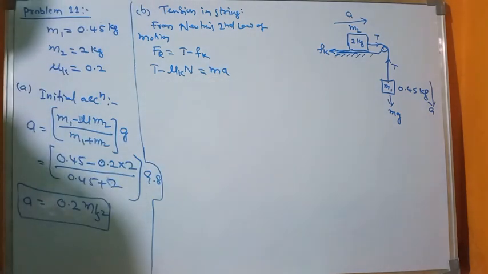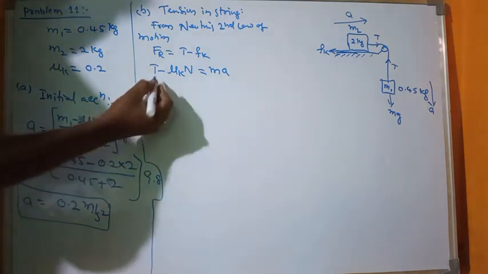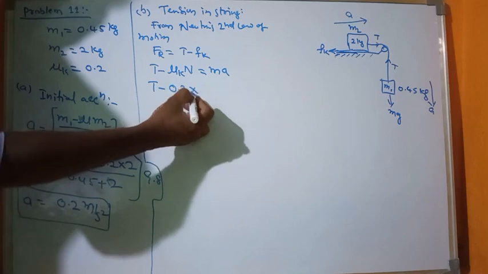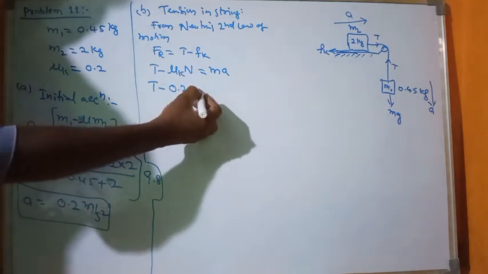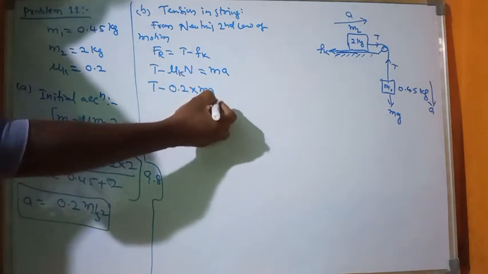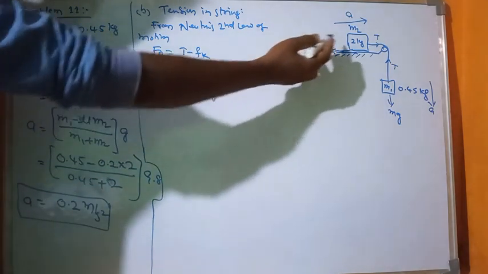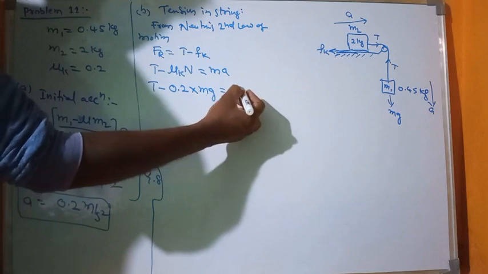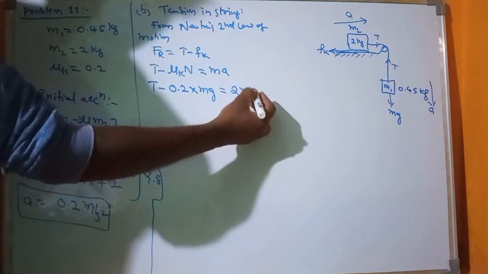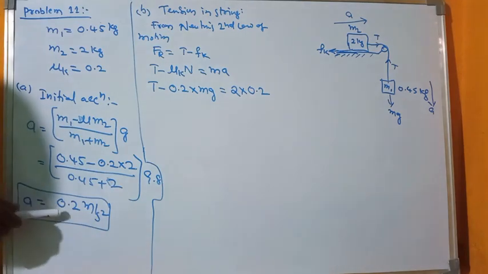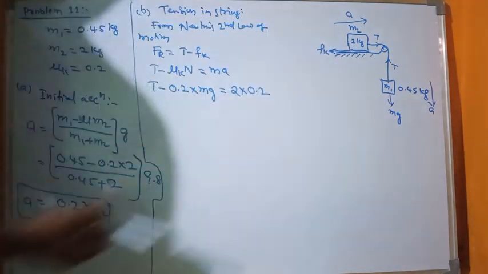According to Newton's second law of motion, force F is equal to m into a. So then this is T minus mu k, which is 0.2, and N is m into g, equal to m, which is 2 kg, into acceleration 0.2, which we already got. This is the acceleration produced in the 2 kg.